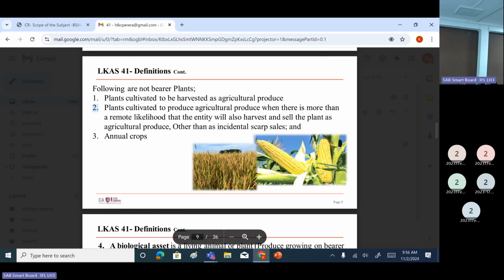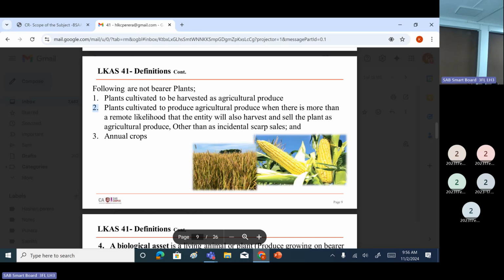Simple, right? If we expect the plant itself to be an agricultural produce, it's not a bearer plant. So whatever the corn, paddy, sugarcane, all those things are considered like this, as well as pineapple trees.